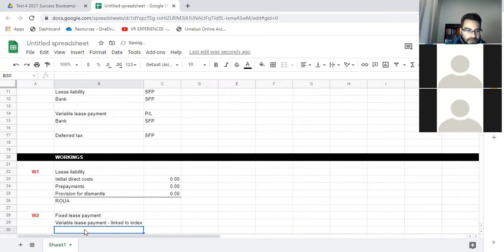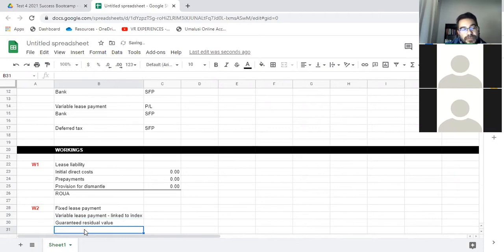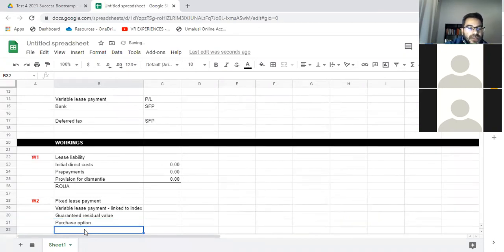What's the others now? Guaranteed residual value, purchase option, and termination penalty.